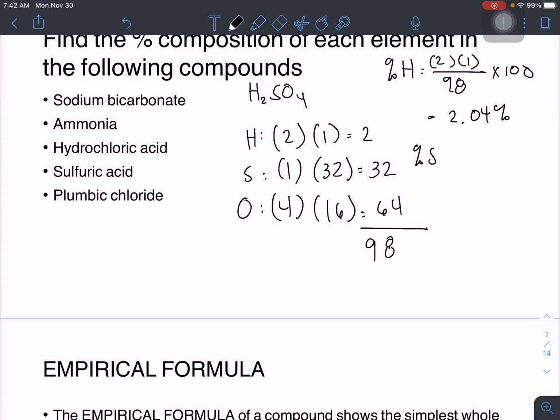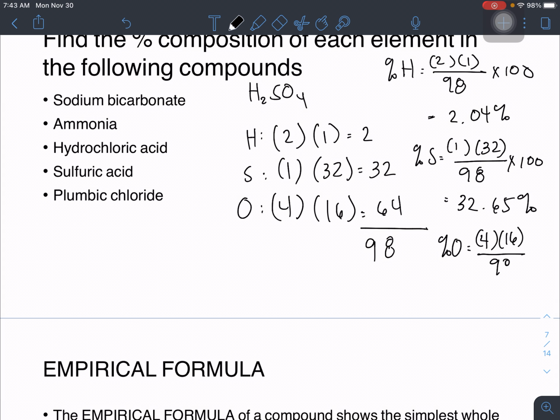For sulfur, this will be equal to 1 atom of sulfur multiplied by 32 all over 98 multiplied by 100. That will be equal to 32.65%. And for oxygen, there are 4 atoms of oxygen multiplied by 16 all over 98 times 100. That will be equal to 65.31%.